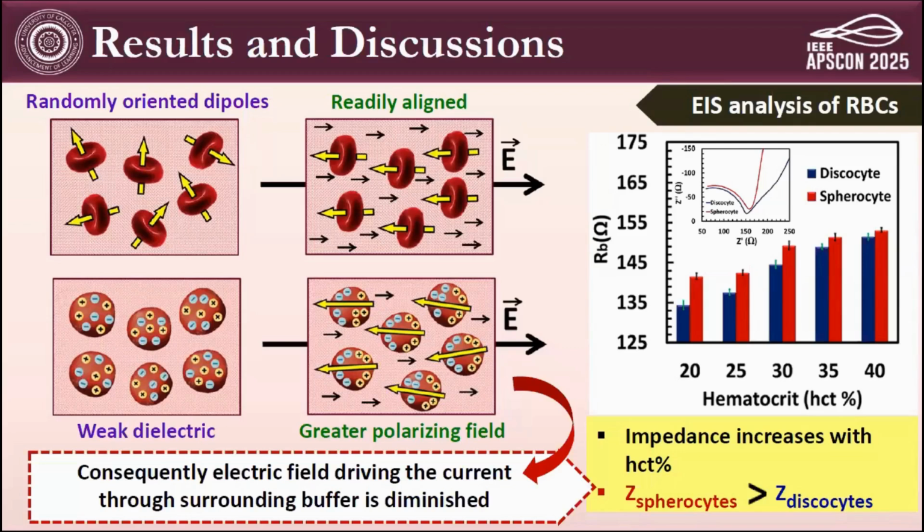What is interesting to note here is that for every HCT percentage, spherocytes display higher impedance compared to discocytes. Now, this can arise due to their morphologies. In case of discocytes, they have been reported to be good dielectric bodies with dipoles randomly oriented in the solution.